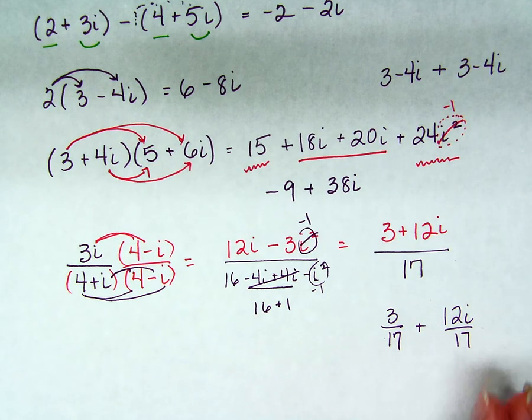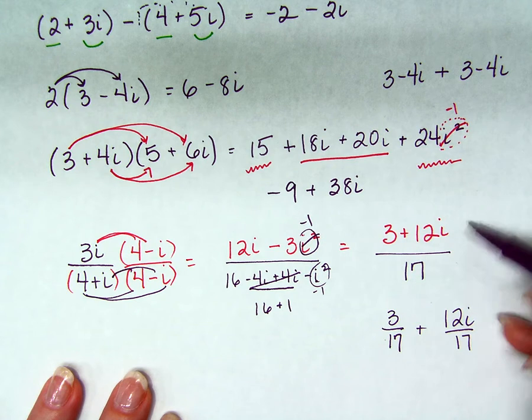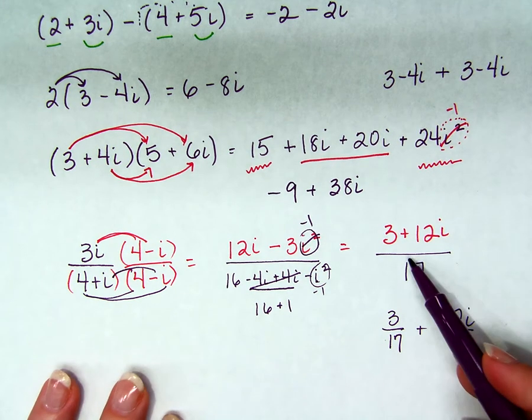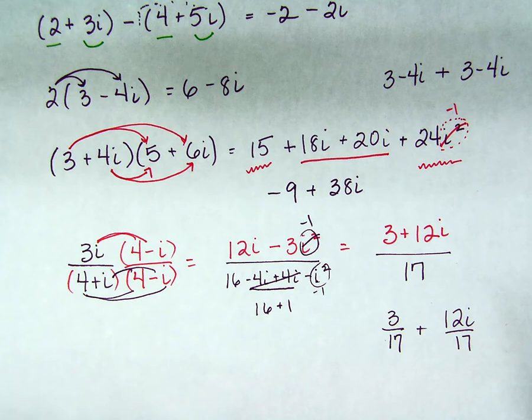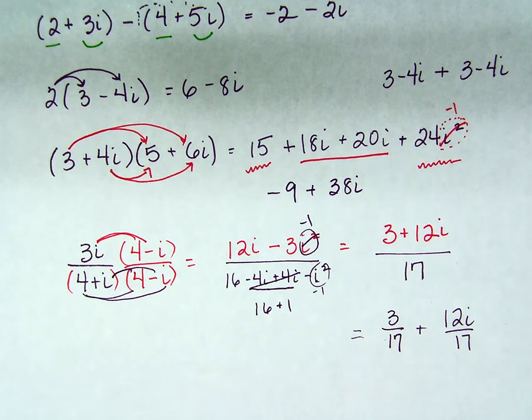Does that make sense? This answer is not wrong, but it is not separated into real and imaginary like this one is. So if you put something like this in and it says it's wrong, maybe it's in the wrong form, what it wants is this. It wants the real part and the imaginary part separated. Okay? Does that make sense?